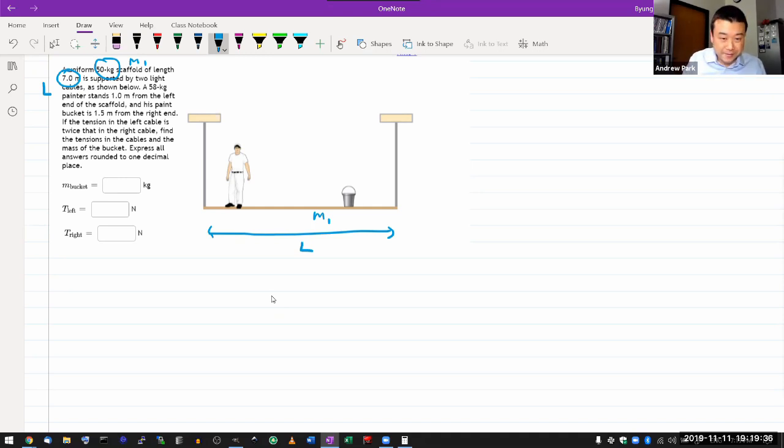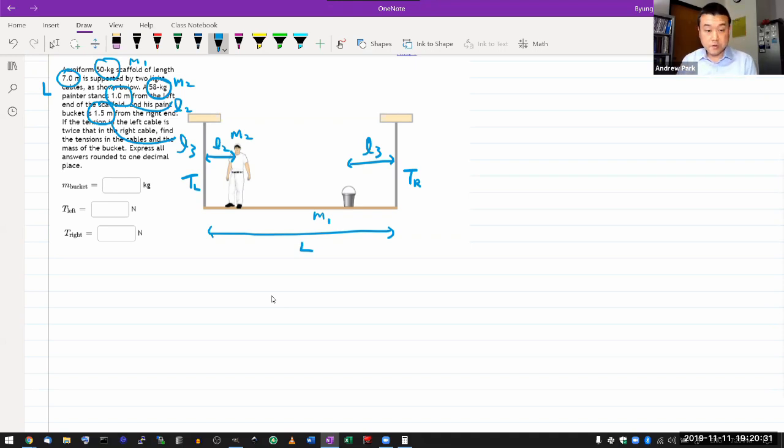A 58 kilogram painter, let me call that M2, stands 1 meter, let me call that L2, from the left end of the scaffold, and its paint bucket is 1.5 meters from the right end. Let me call this L3. If the tension in the left cable, let's call that TL, is twice that in the right cable, call that TR, find the tensions in the cables and the mass of the bucket. Express all answers rounded to 1.